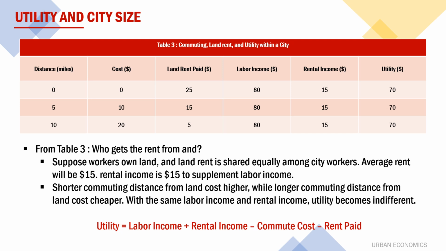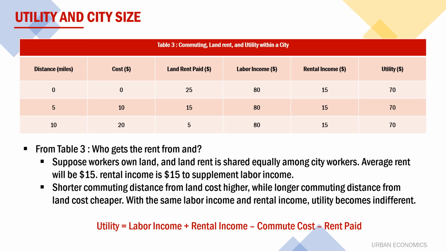But who gets the rent from the land? Suppose that the workers own the land, and to keep things simple, assume that the land rent is shared equally among the city's workers. The average rent is $15. This is the rent paid by the workers living 5 miles from the center, and it is shown in column E. Each worker earns $15 of rental income to supplement the labor income.